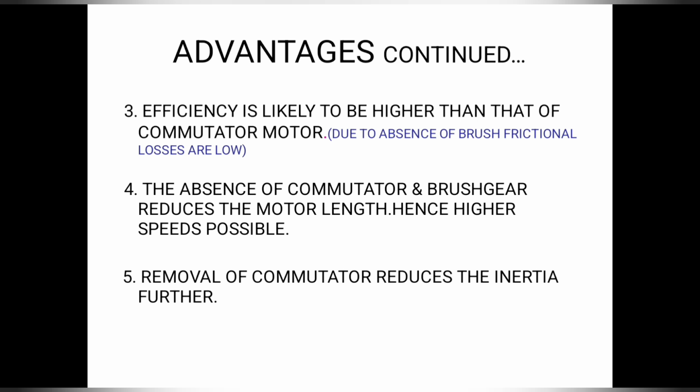The absence of commutator and brush gear reduces the motor length, hence higher speeds are possible. This is the fourth advantage. And the fifth advantage is removal of commutator reduces the inertia further.